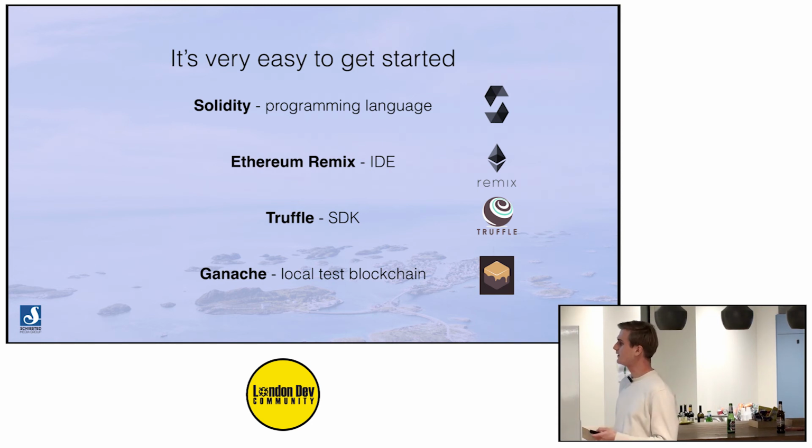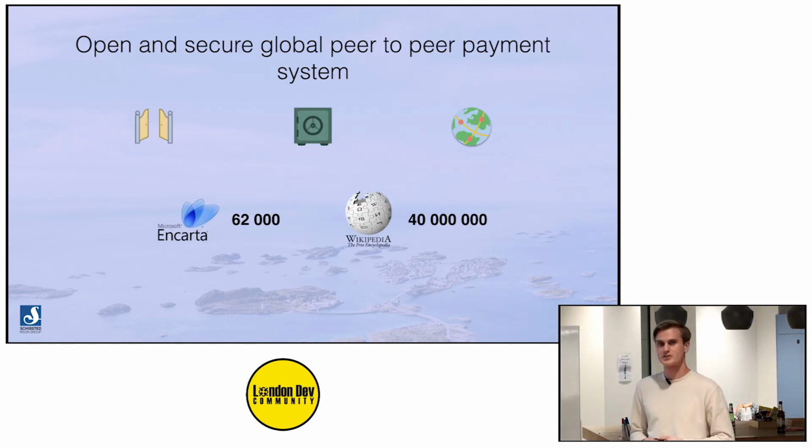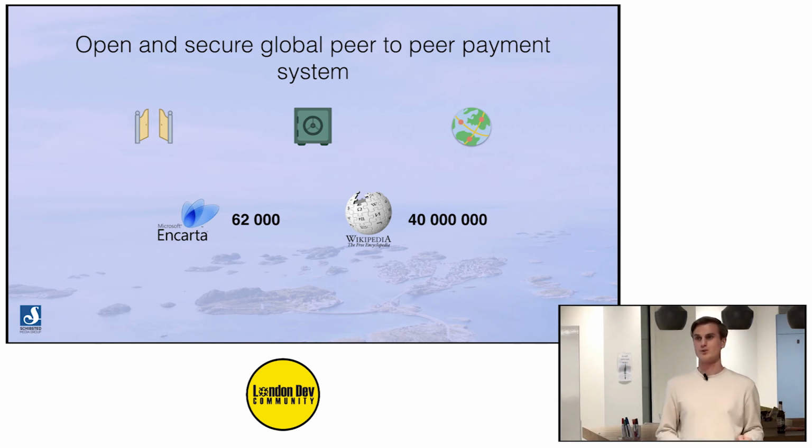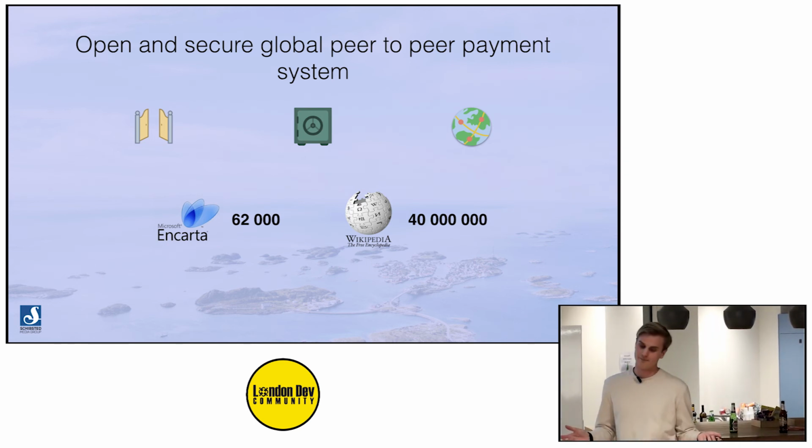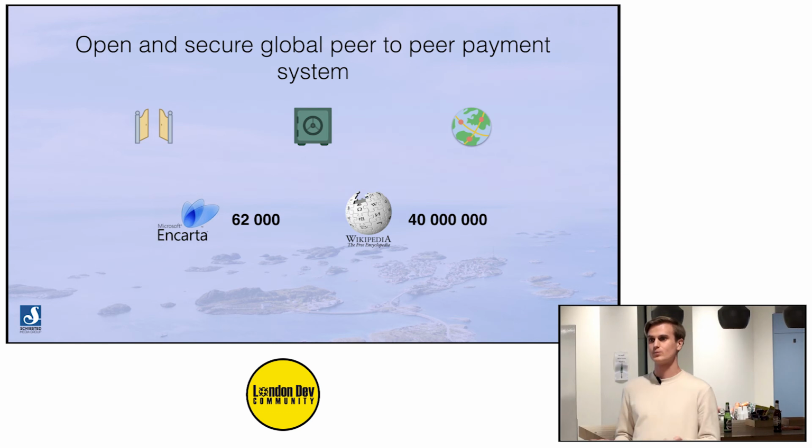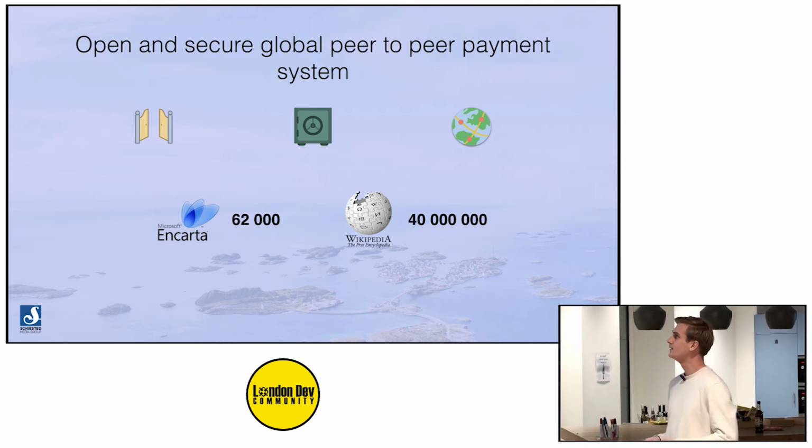So to round off, yeah, you can take a picture of this. What is this whole thing? Essentially, it's an open and secure global peer-to-peer payment system. And that's cool. I think a lot of people underestimate what open really means here.